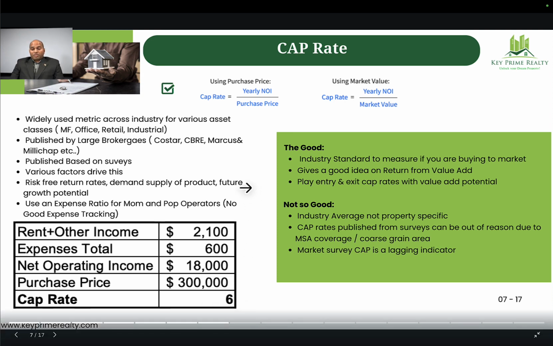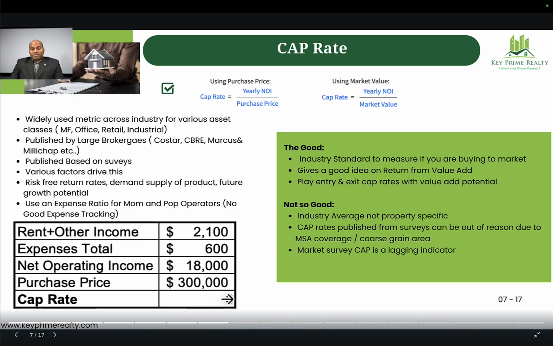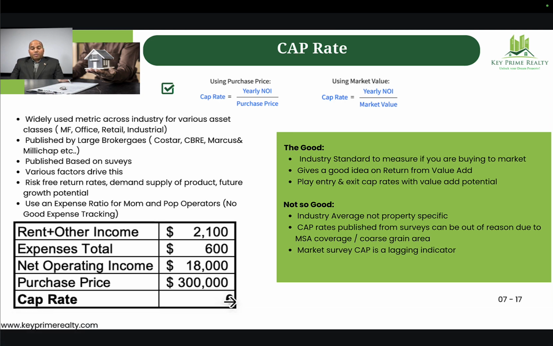So what you notice here is the cap rate doesn't include your debt. That's why usually the cap rates and the debt go hand in hand, although cap rate doesn't include the debt in the equation. But usually if the interest rates are higher, the cap rates are higher.